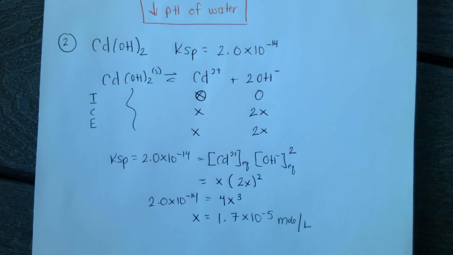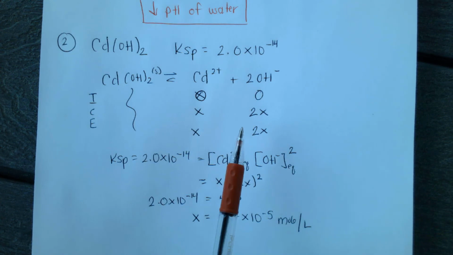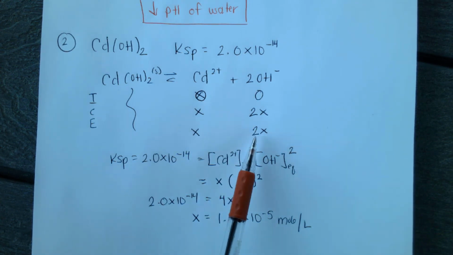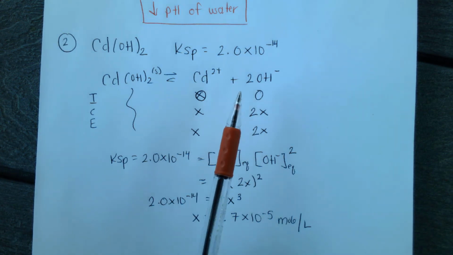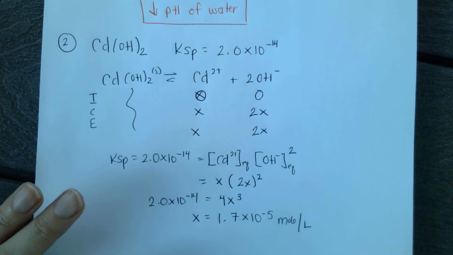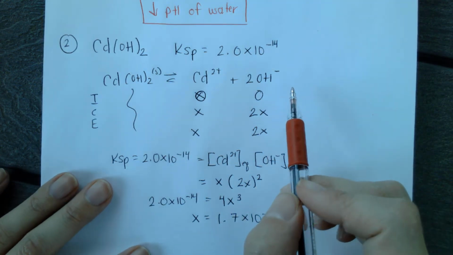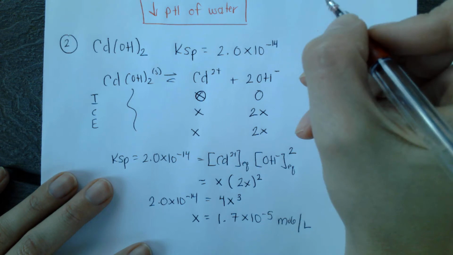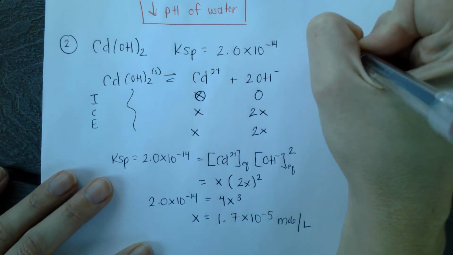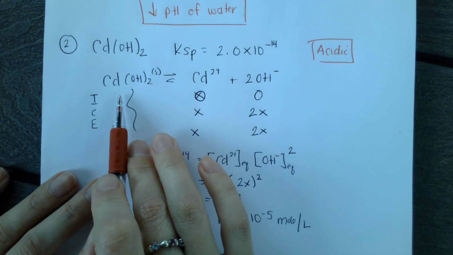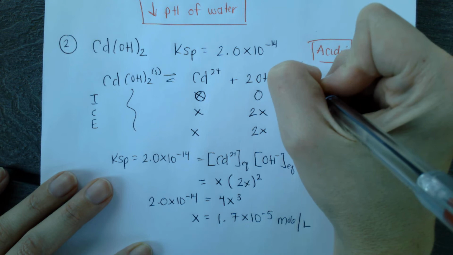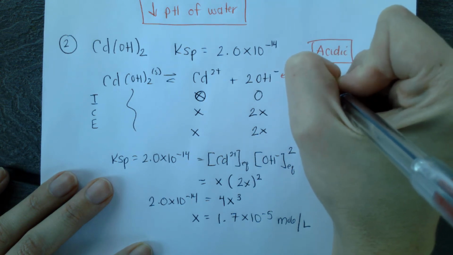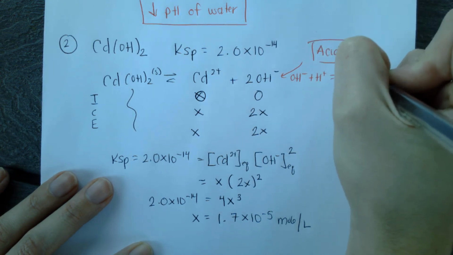It turns out that hydroxides are very sensitive to pH as well, in a twofold way. Hydroxides are similar to the carbonates we just did. If we had our cadmium hydroxide in acidic conditions, the hydroxide can react with H+. So OH minus plus H plus gives us H2O.